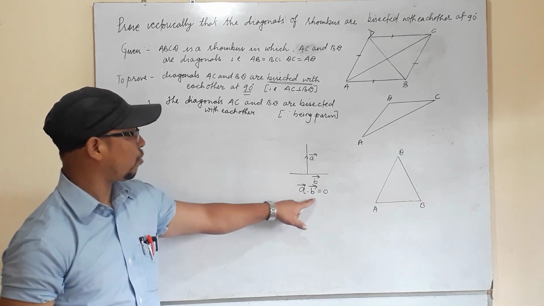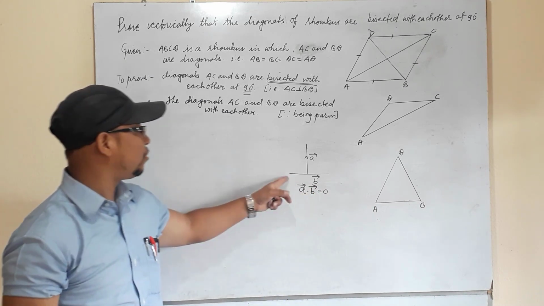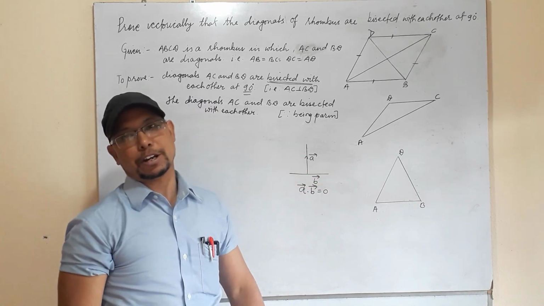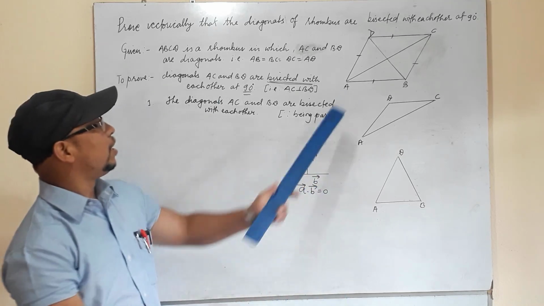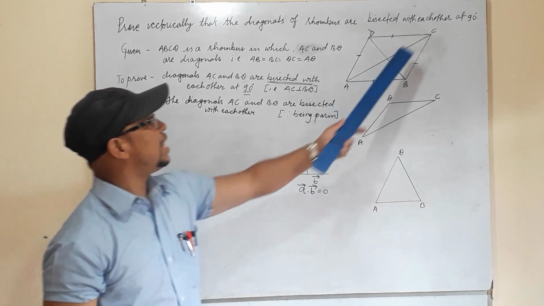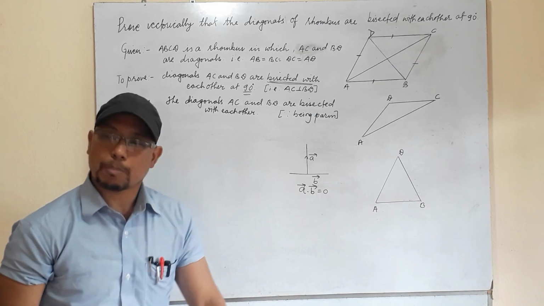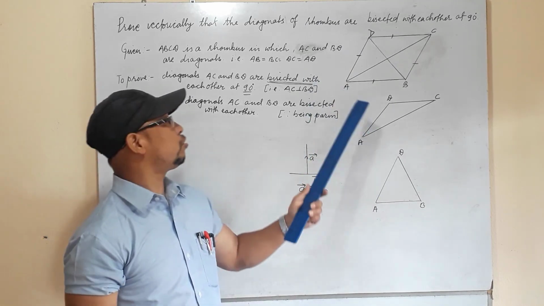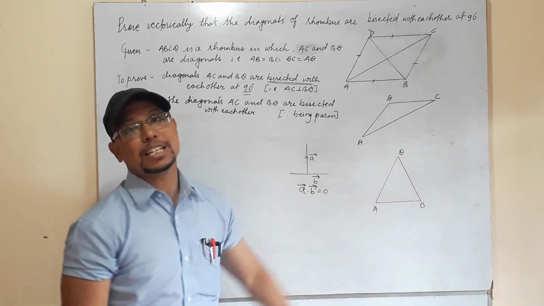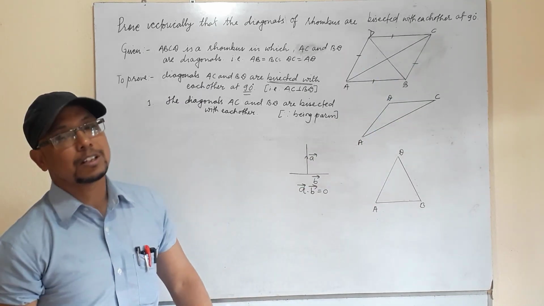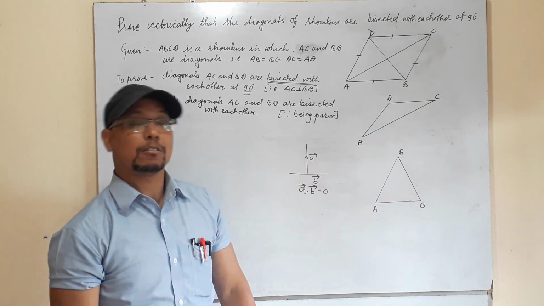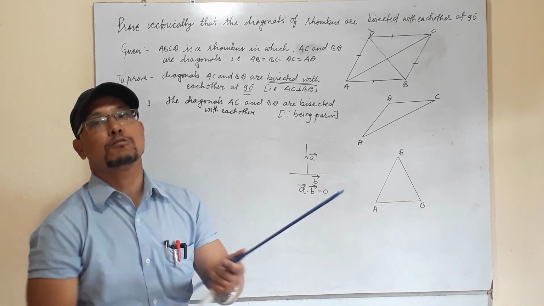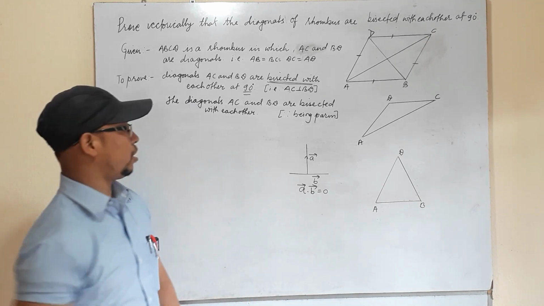If their dot product is 0, then we can say these two vectors are always perpendicular. So here we need to prove that AC and BD are perpendicular. For that, if you can show that the dot product of AC and BD is 0, then you can say they are perpendicular. So let's try to prove their dot product is 0.